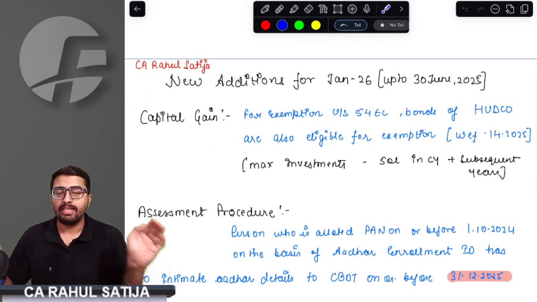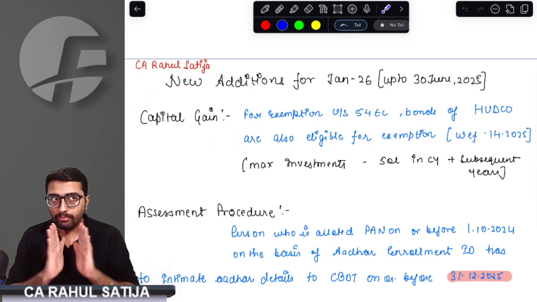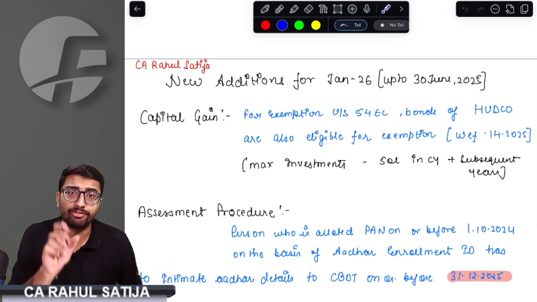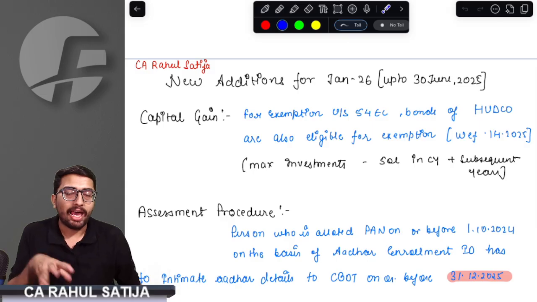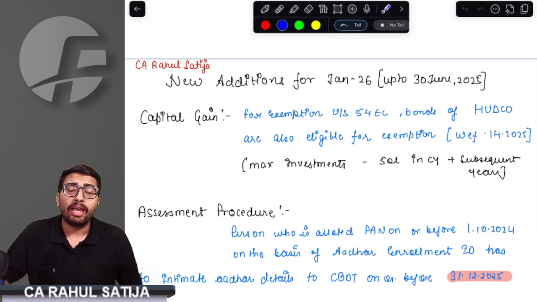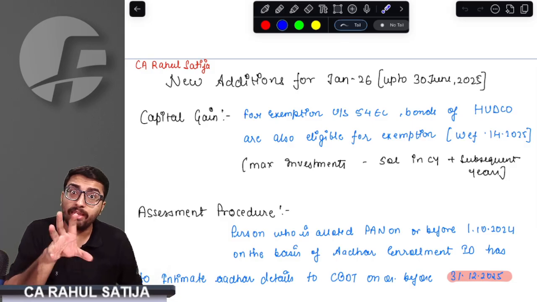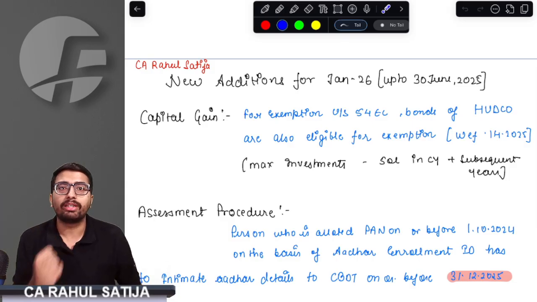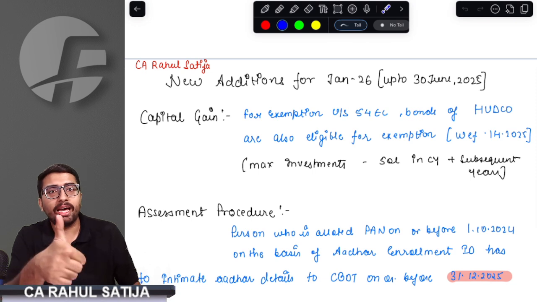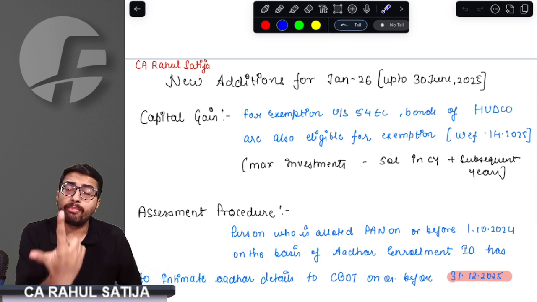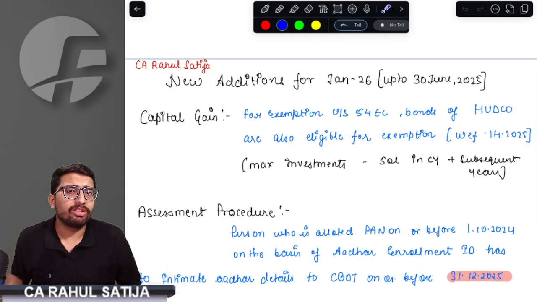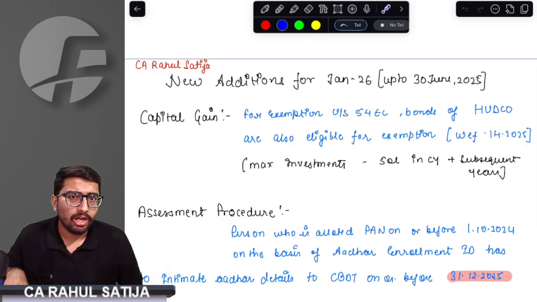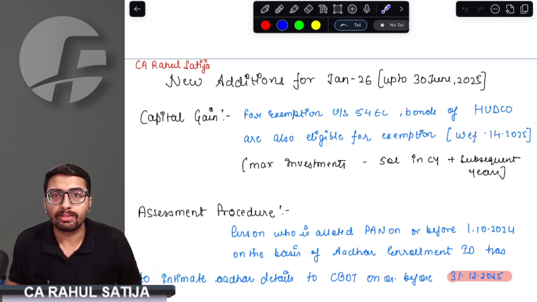Just tell that. See, under capital gains, if you remember, we had section 54EC. Under 54EC, if anybody had long-term capital gain from selling an immovable property, they can claim exemption by buying bonds of RECL, PFCL, IRFCL, and NHAI. These four bonds were allowed to claim exemption up to 50 lakh rupees.